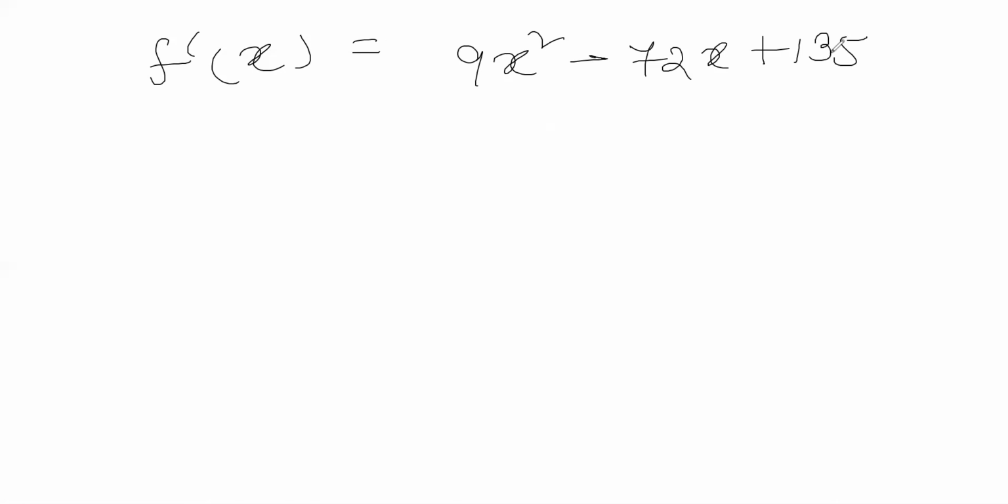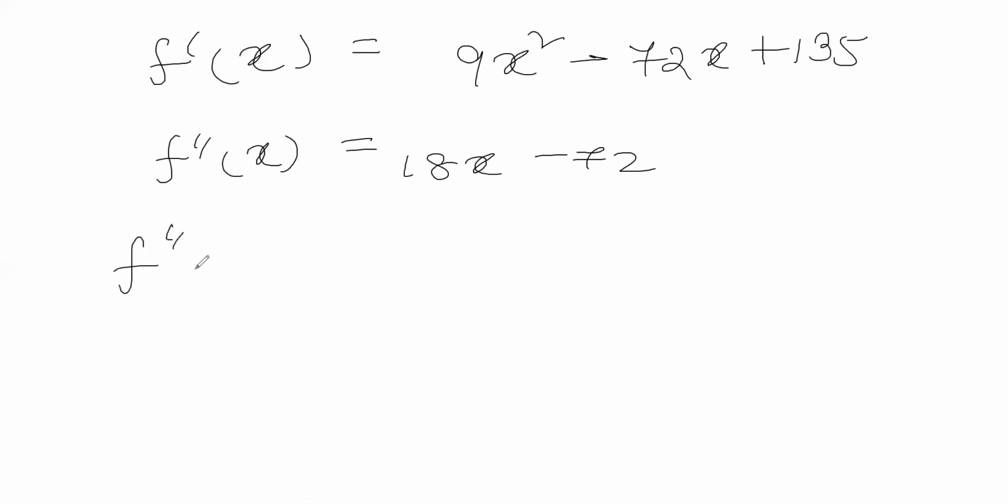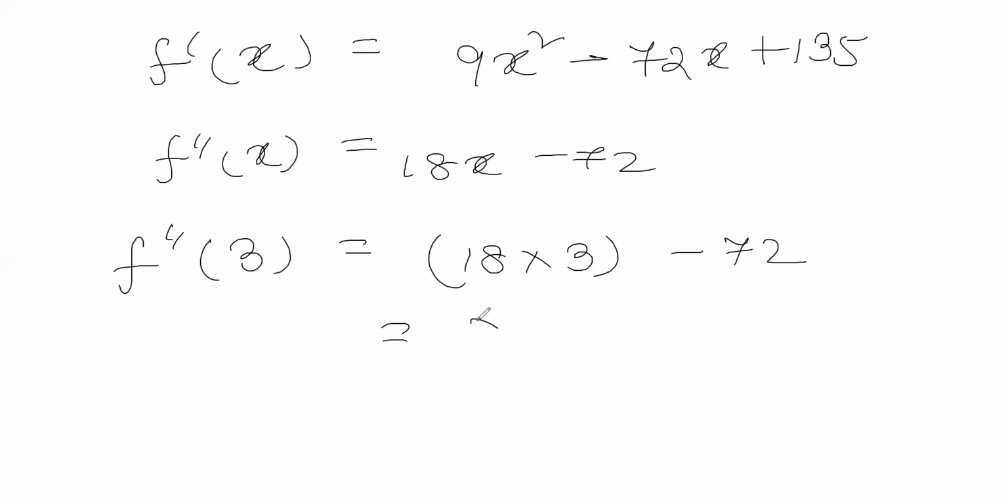So in that case, the second order derivative would be 18x minus 72. And now if I plug in 3, then I get 18 into 3 minus 72, which is 54 minus 72, which is negative 18, less than 0.